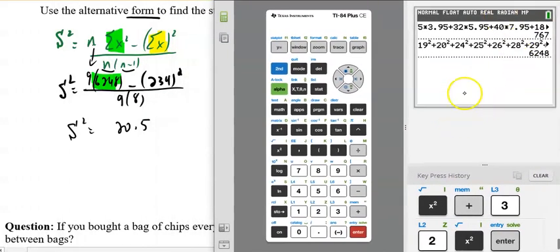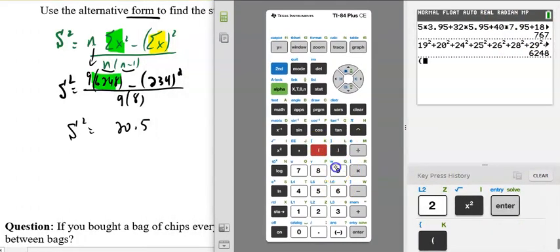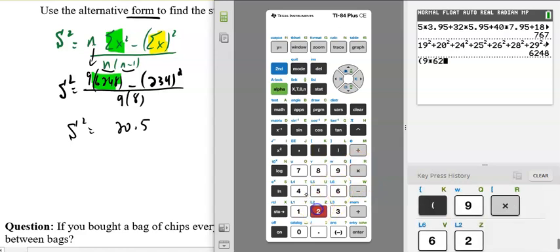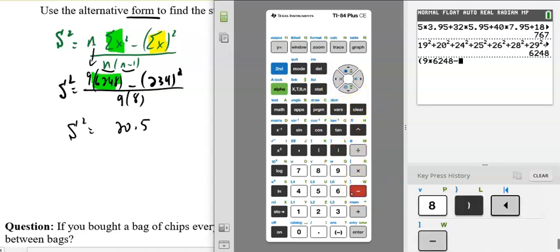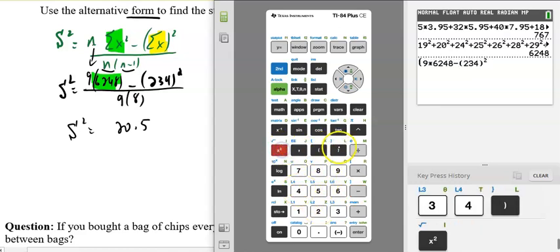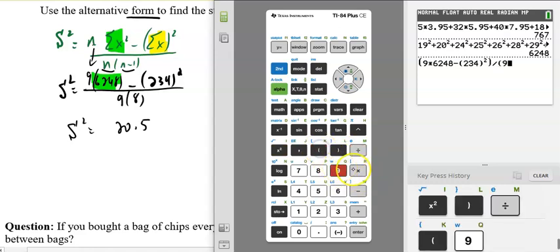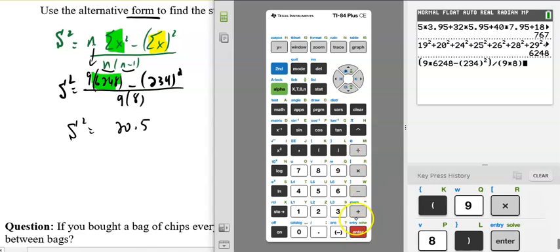You will take parentheses 9 times 6248, close parentheses. Minus parentheses 234 squared, all of that divided by parentheses 9 times 8. There it is. And square root that.